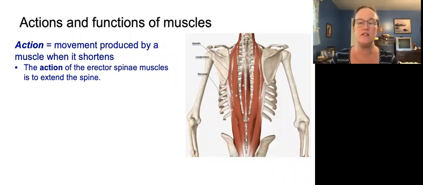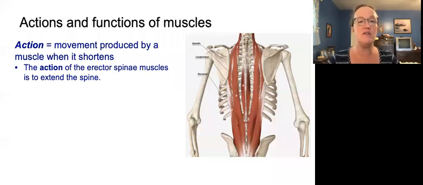And I just want to differentiate here quickly between the action and the function of a skeletal muscle. When you are learning facts about muscles, you'll probably learn its origins, its insertions, eventually its innervations, and you'll learn its action. The action is the movement that's produced at a joint by a muscle when it shortens. So in this case, we've got a whole bunch of joints running up and down the spine.